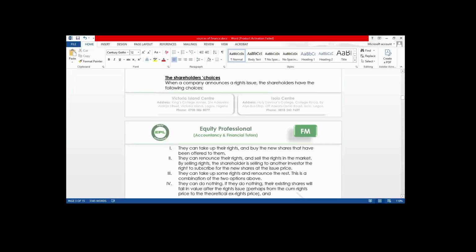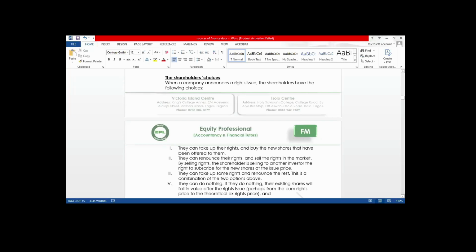All right. The other aspects to be discussed, you know, when we defined rights issue, we said issuing new shares to the existing shareholders, usually at a reduced price. It's a rights issue, not an obligation.